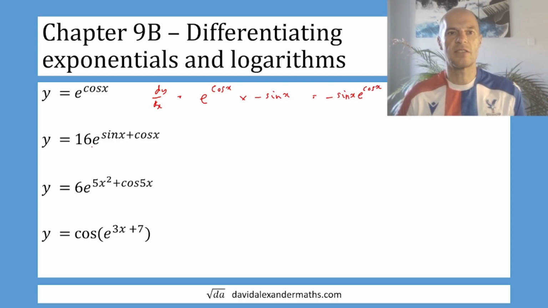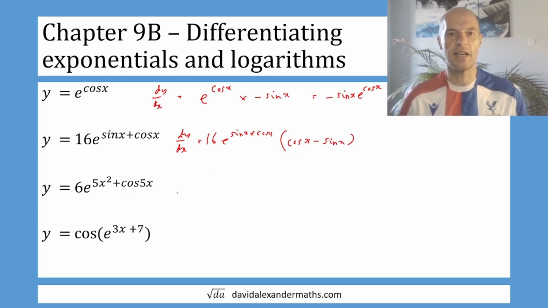Okay, if y is 16e to the power of sine x plus cos x, then dy by dx is 16e to the power of sine x plus cos x multiplied by the derivative of sine x plus cos x, which is cos x minus sine x.